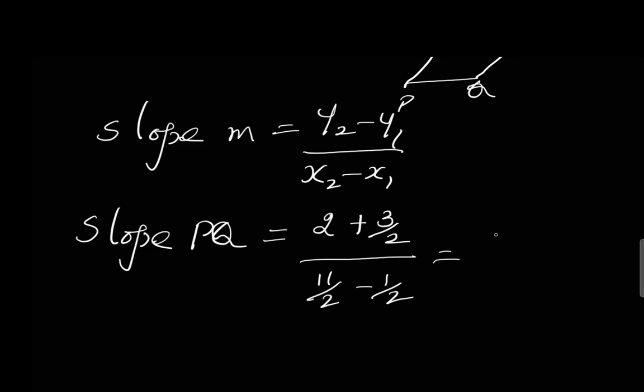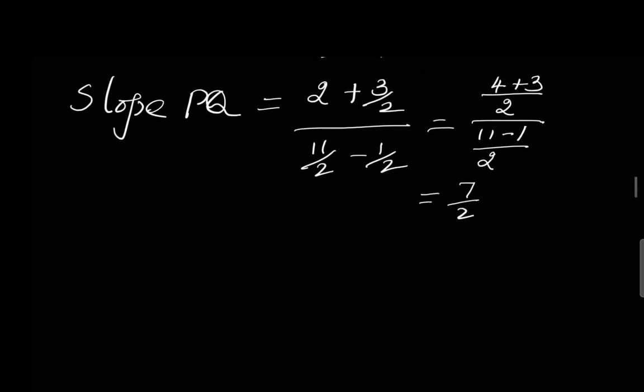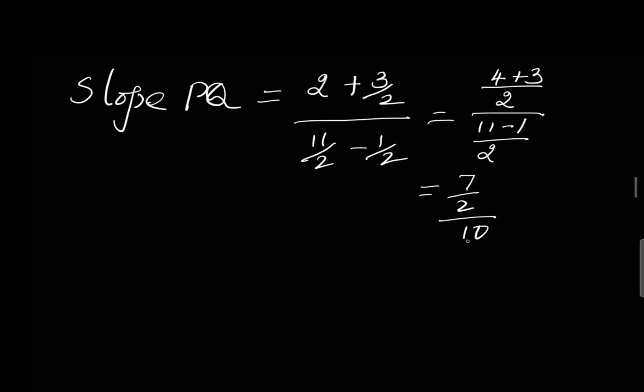Here you take 2 as LCM: 2 twos are 4, plus 3, divided by 11 minus 1. So 7 by 2 divided by 10 by 2. When two fractions are divided, you write the numerator as it is and the denominator fraction as its reciprocal. The 2s cancel. Slope PQ is 7 by 10.